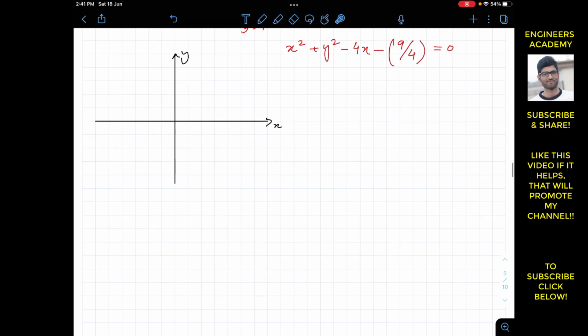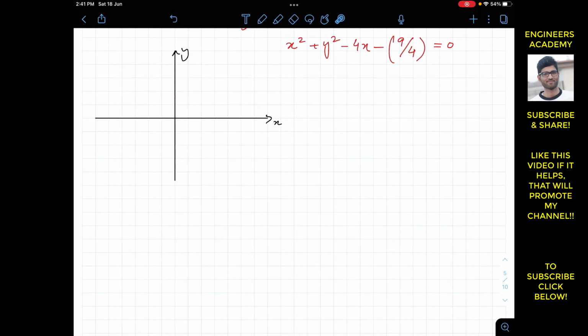Now let's move to another exercise, which is x square plus y square minus 4x minus 9 divided by 4. Again we need to write the x terms first. So that is x square minus 4x plus y square, and let's write this constant on the other side, so it will become positive.